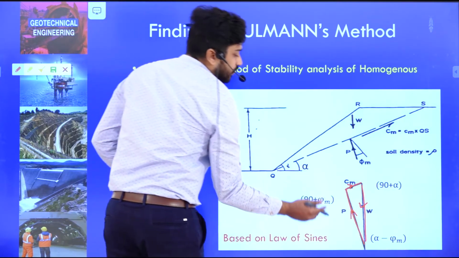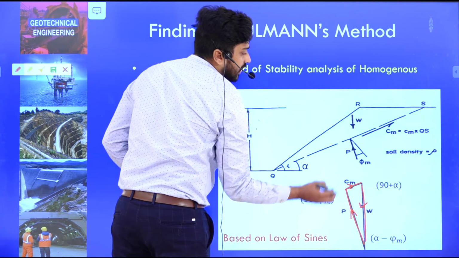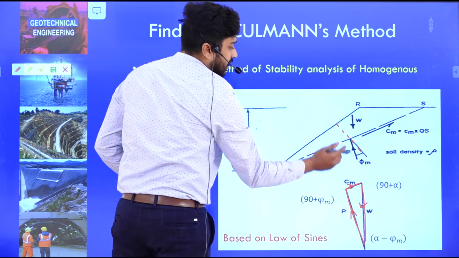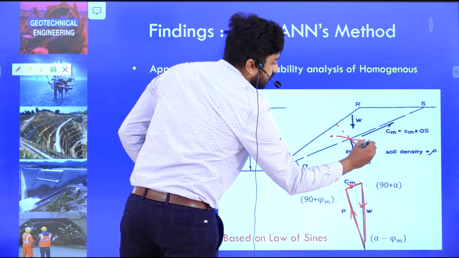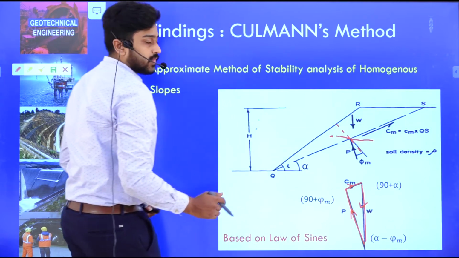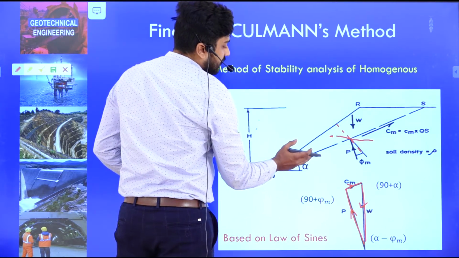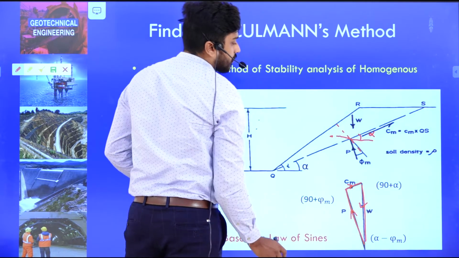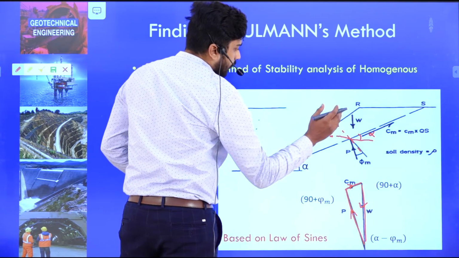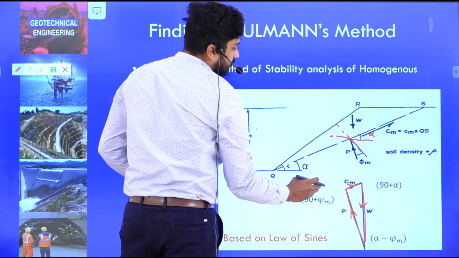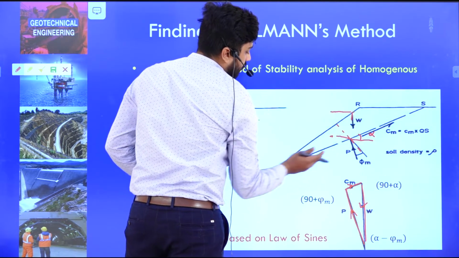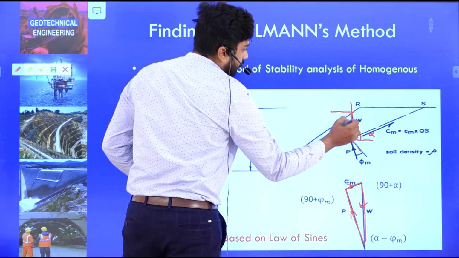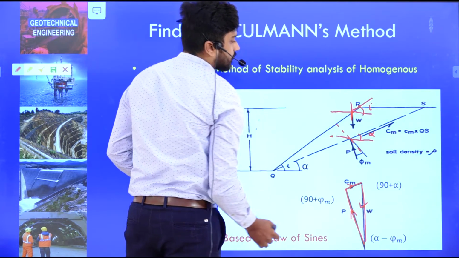If I consider a dotted line here, this is a normal to the inclined plane, and let us say this is another dotted line which is parallel to the horizontal line. Okay, as we know, this angle is alpha with the horizontal, so obviously this will be alpha. And similarly, with respect to this particular wedge along this particular plane, this entire angle is i, so this angle will be i.